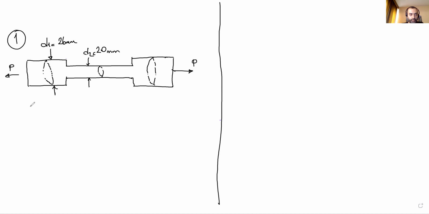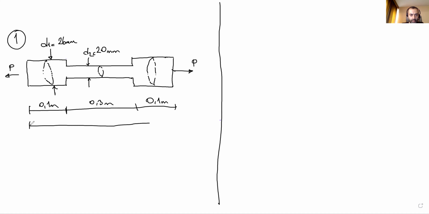So the length of the portions, we have 3 portions here. This is the first portion, which is 0.1 meter, and this portion is 0.3 meter, and again 0.1 meter. Totally, it's 0.5 meter. Okay.